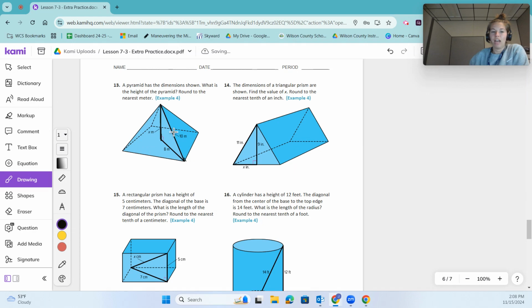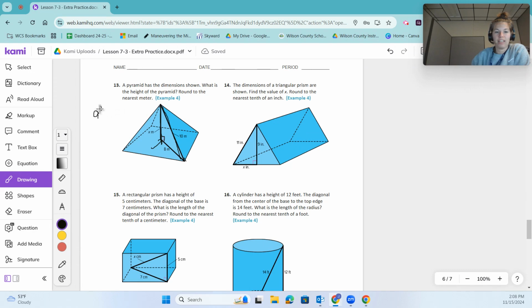And then the hypotenuse is the length from the tippy top of the pyramid to one of the bottom corners. Okay, so the 90-degree angle is here on the inside, which means X and 8 are our legs, and 10 is the hypotenuse. So we are going to be solving for one of my legs.